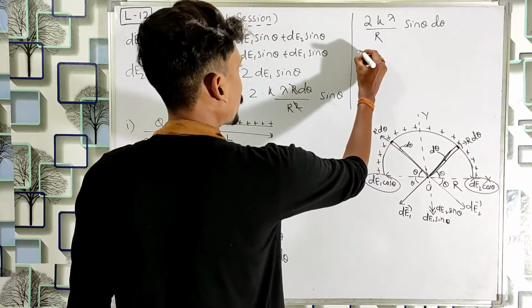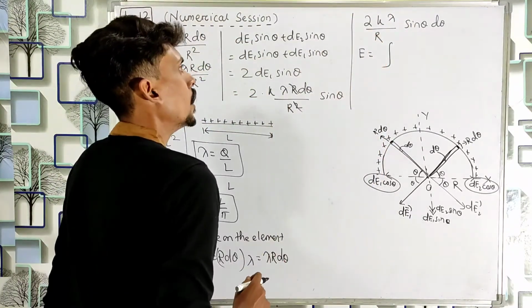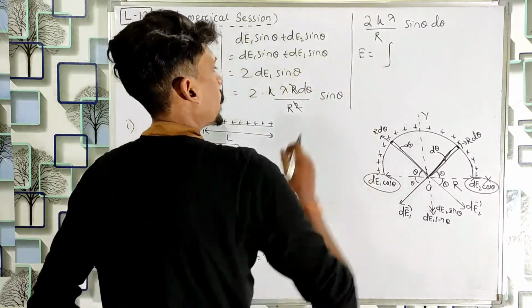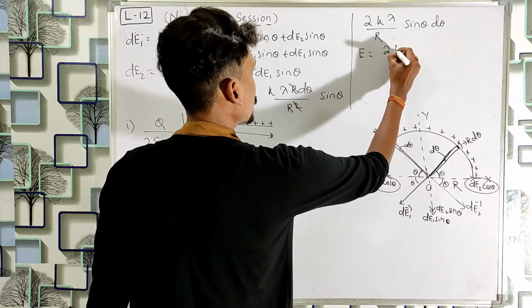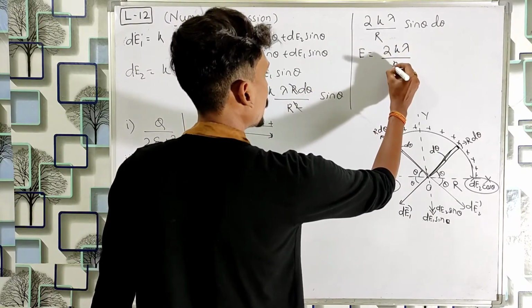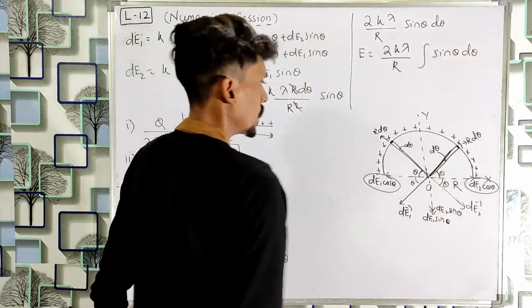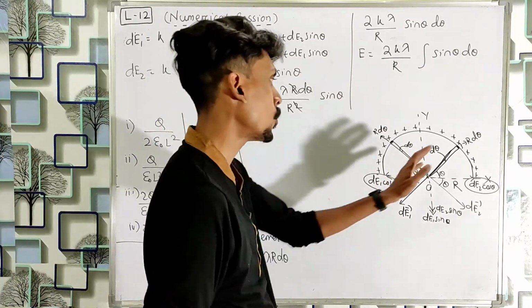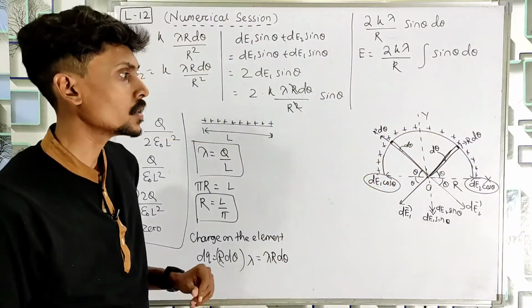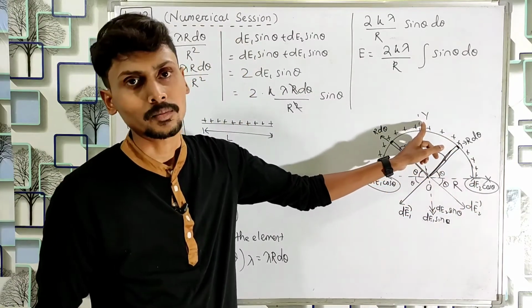So the total electric field E is equal to the integration of this quantity. Here 2k lambda by r is a constant quantity, so I can take it outside the integration symbol: 2k lambda by r integration of sin theta d theta. Since I have chosen two elements simultaneously from both halves of the semicircle, the limit will be from 0 to pi by 2.